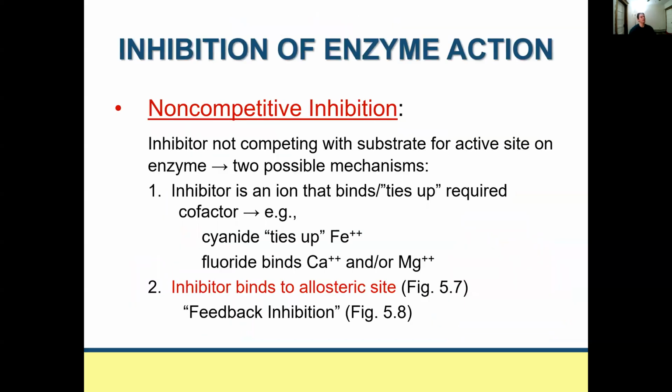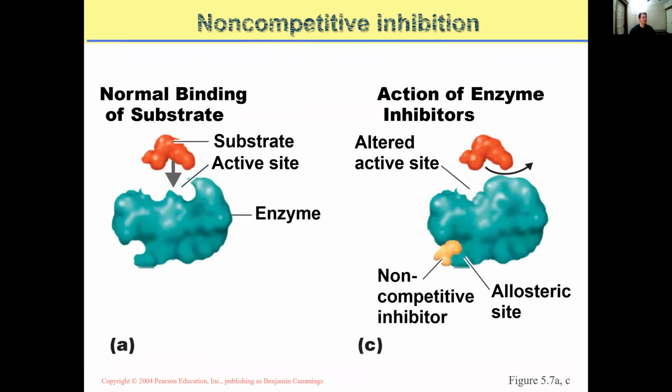Then we move on to non-competitive inhibition. Non-competitive inhibitors are essentially inhibitors that do not compete with the substrate for the enzyme's active site. They just bind to another part of the enzyme, and this is represented here. On the left, we have the normal reaction, no inhibition, neither competitive nor non-competitive.